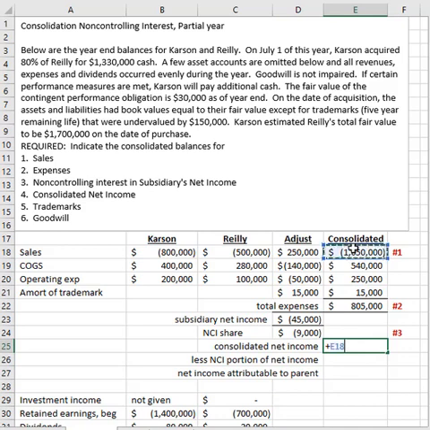So consolidated would be consolidated sales less consolidated expenses. We would back out the NCI share. And so the portion of net income attributable to the parent is the part that's after the back out. So they're asking for this number when they ask about consolidated net income.